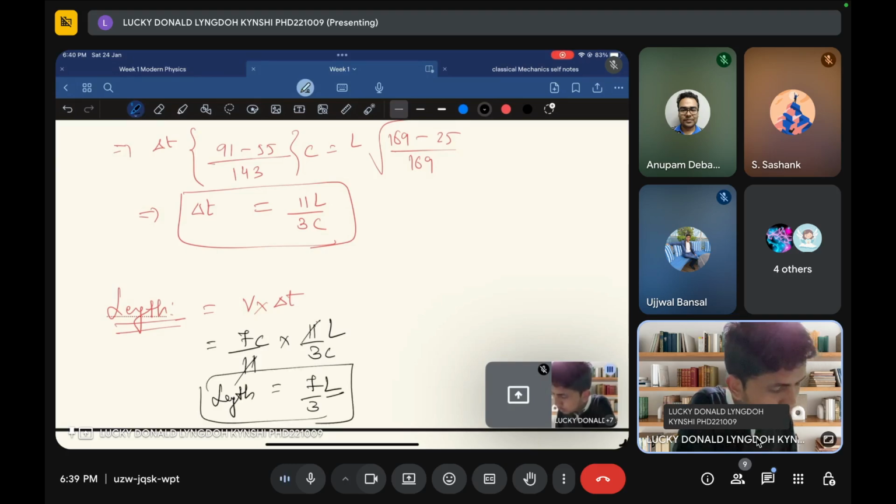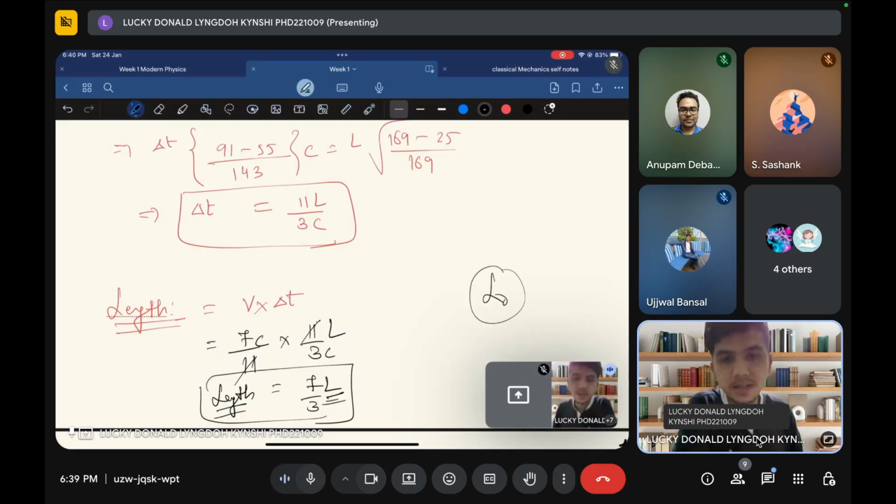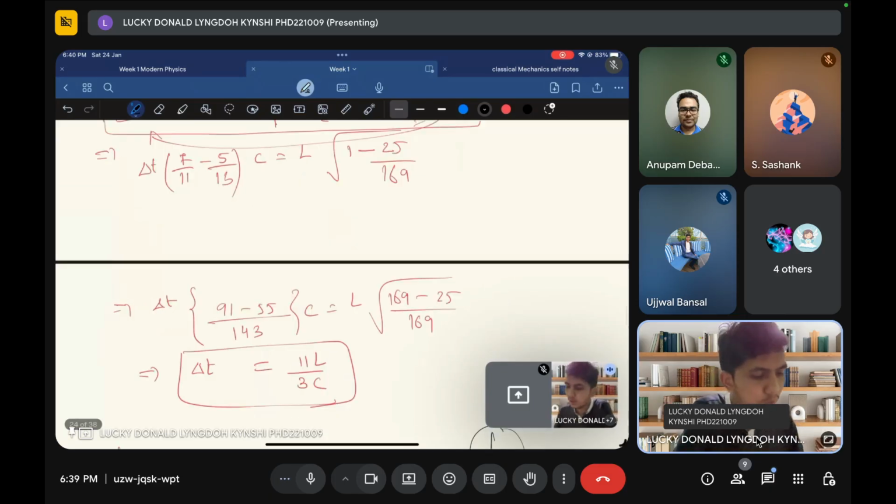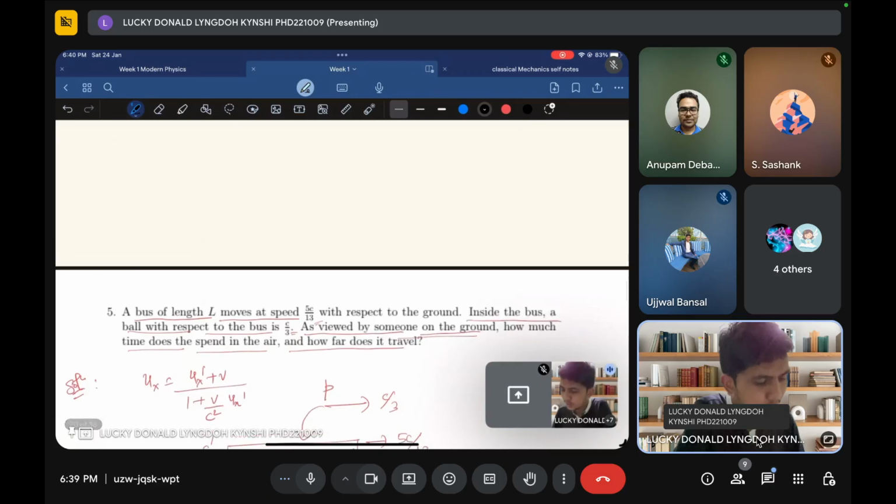And remember, this L here is not the same as the length here. This L is the proper length of the bus. I gave you L naught before, but in this problem it is given as L, which means it's the proper length of the bus. But what you measure is not the same length, because it's moving at a very high velocity of 5c by 13.